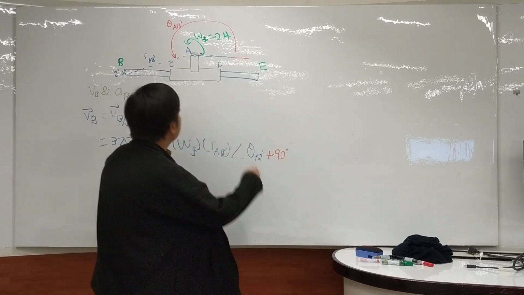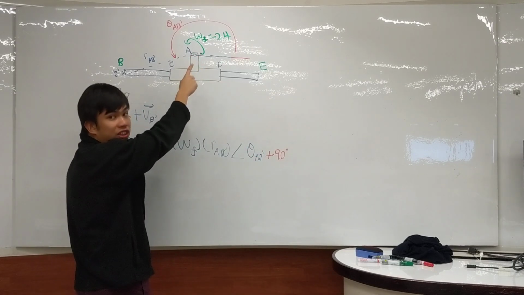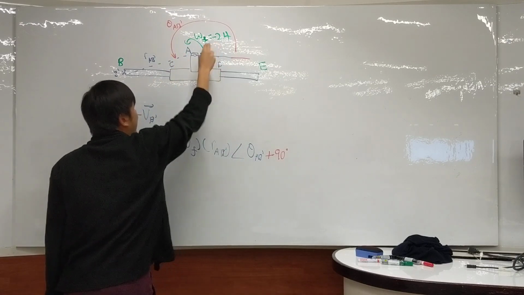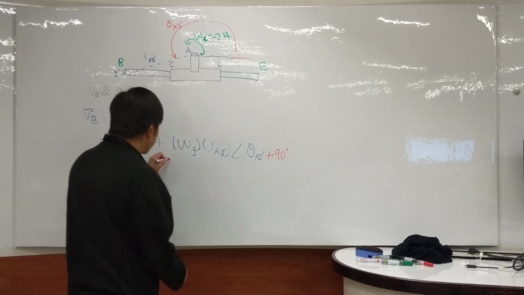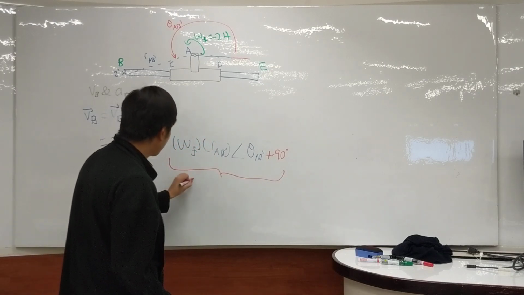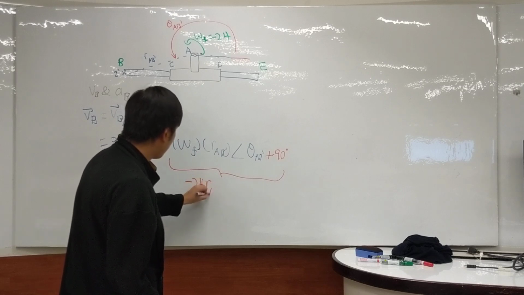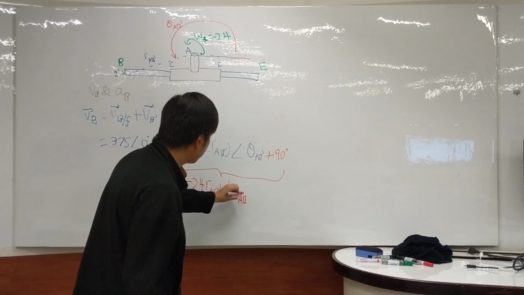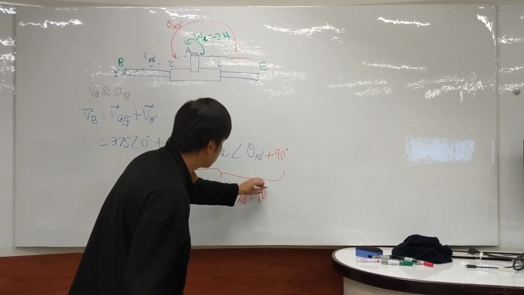You must take note that this is a clockwise direction. I annotated it as counterclockwise, but it's clockwise, so it is negative. So when I write this down in another way, this omega F must be negative 2.4, R A B prime, direction theta A B prime plus 90 degrees.